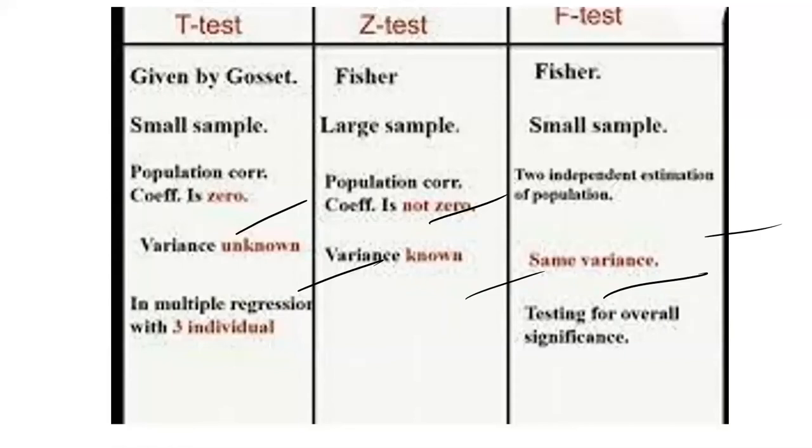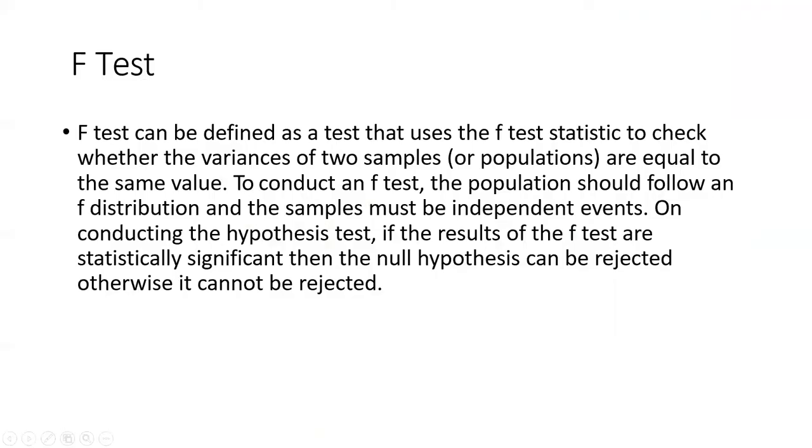And in the case of the f-test, we test for the overall significance. When we have to test the overall significance, we will use the f-test. Then what is the f-test? We have already seen that it is a test that uses the f-statistic to check whether the variances of the samples or populations are equal.